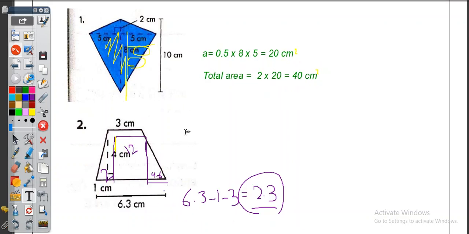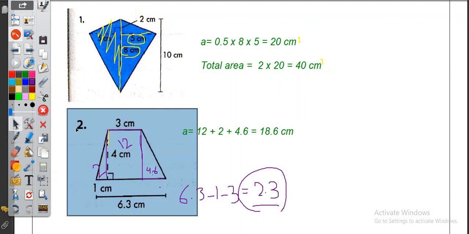Then finally the area equals 12 plus 2 plus 4.6, which equals 18.6 square centimeters.